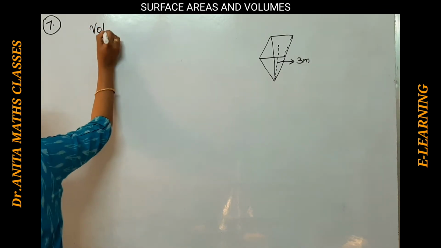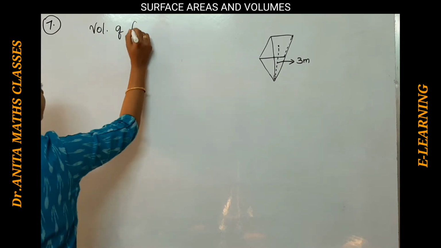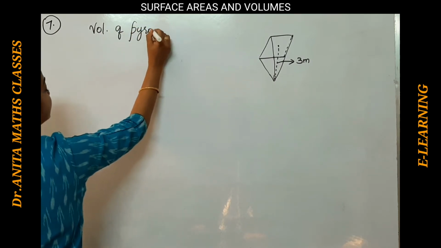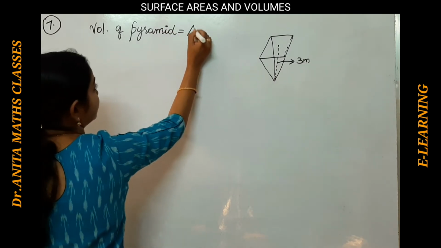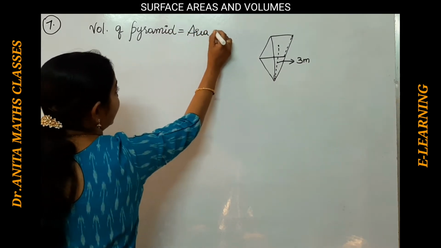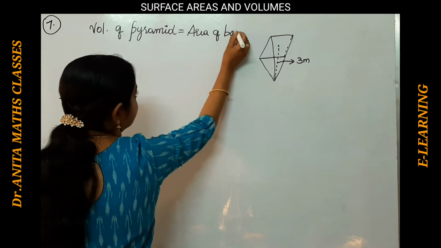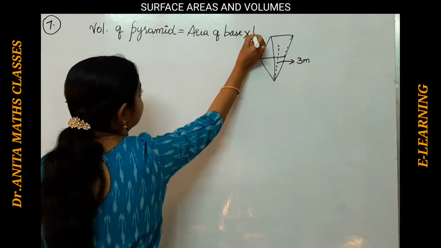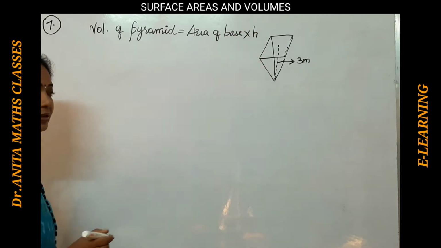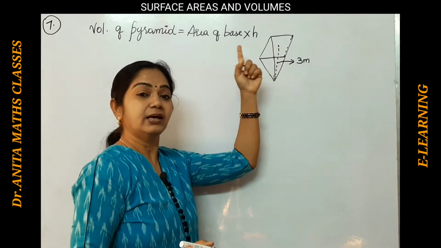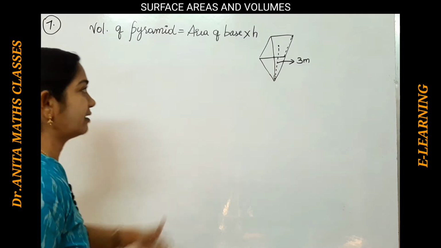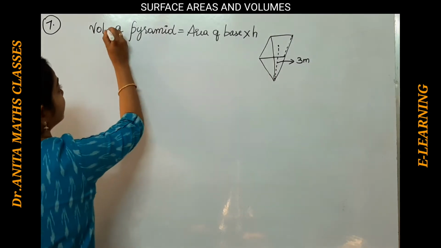The volume of pyramid is equal to area of the base into its height, okay? Now, area of the base here is the area of the square because it is having a square base.